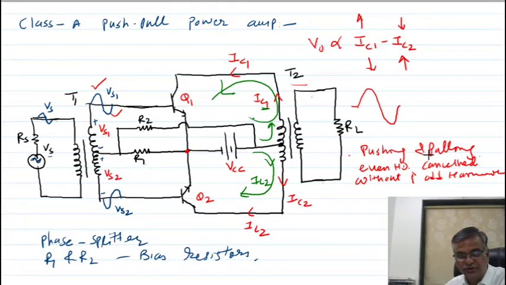So there is no need to sacrifice our power to have a low harmonic distortion. So in this circuit, all three drawbacks of the single-ended transformer coupled amplifier are overcome.